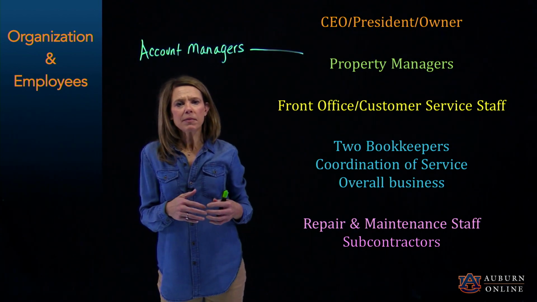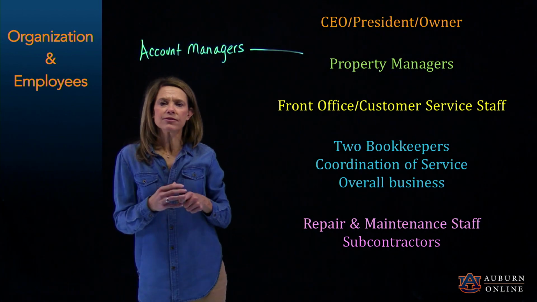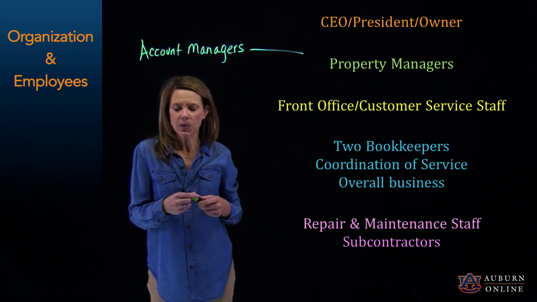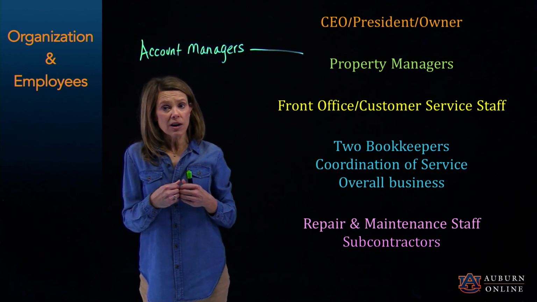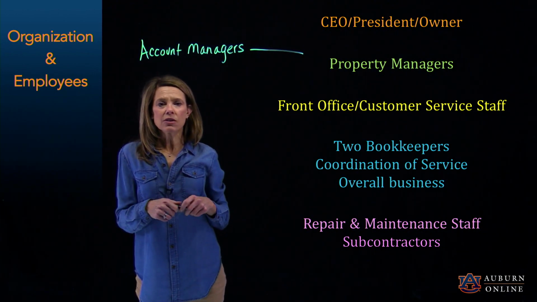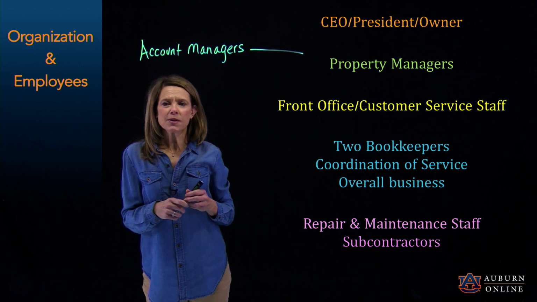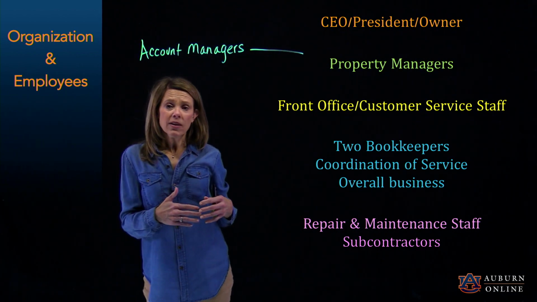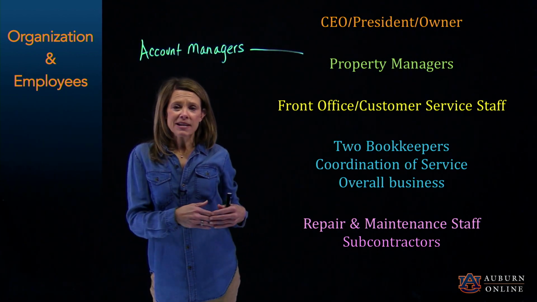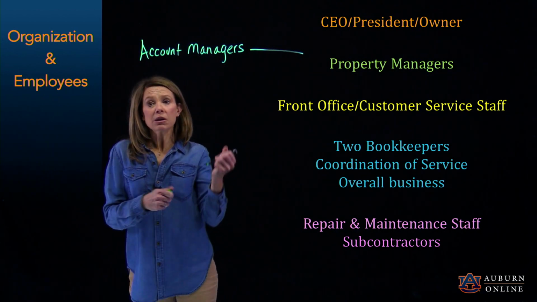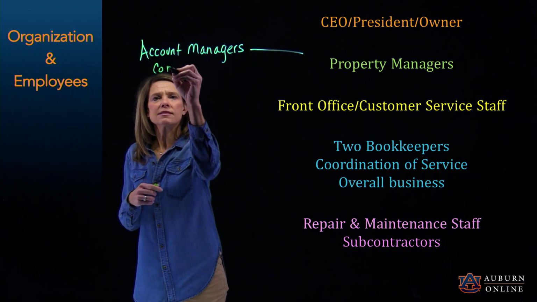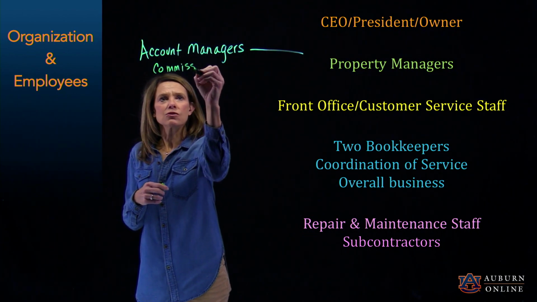So the property managers are assigned accounts for which they're completely responsible, and not all of the things that they're responsible for are really directly under their control. These are commissioned people, so based on how well they manage their properties, that directly relates to the amount that they're paid. So commissions tend to incentivize good things usually.